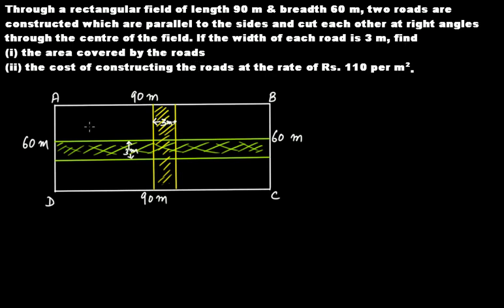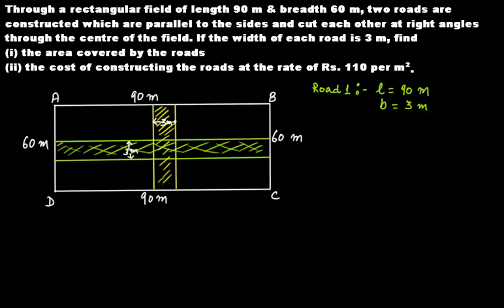Now, if you look at this road, clearly the length of this road will be 90 meter, right? And the breadth or the width of this road will be, let's name it road 1. So for road 1, length will be 90 meter and breadth will be 3 meter.